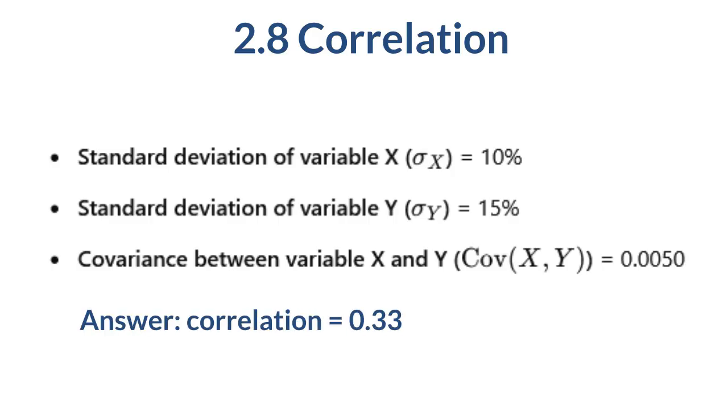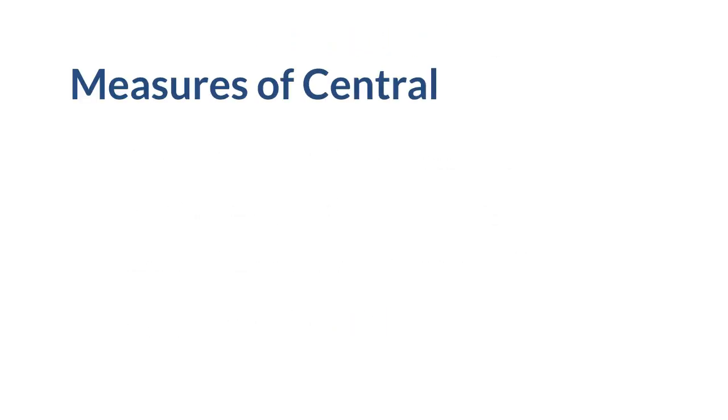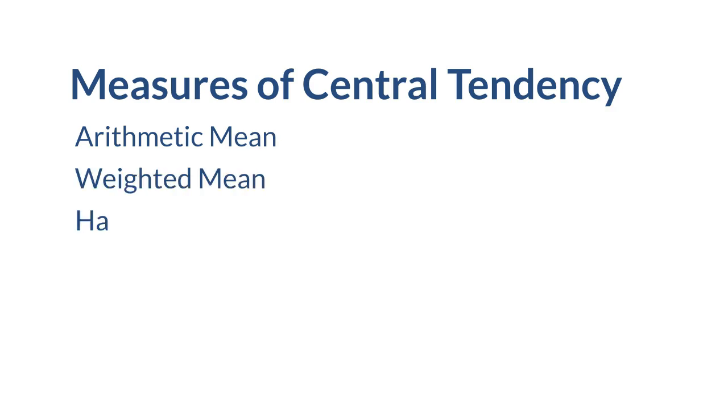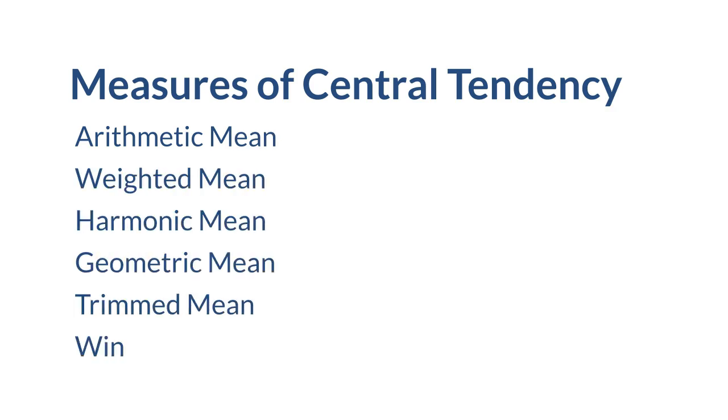In this video, we've covered essential statistical measures from the quantitative methods section of the CFA Level 1 exam, focusing on measures of central tendency, location, and dispersion. Measures of central tendency. Arithmetic mean, the simple average of a data set. Weighted mean, an average where each data point has a different level of importance.